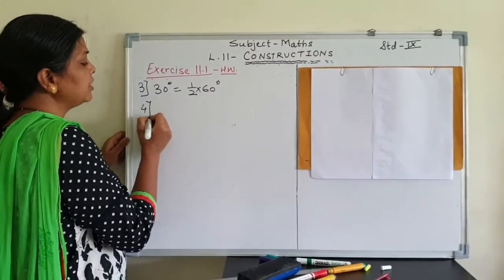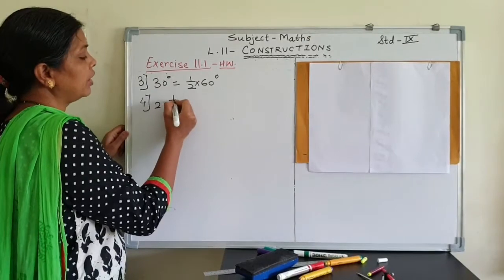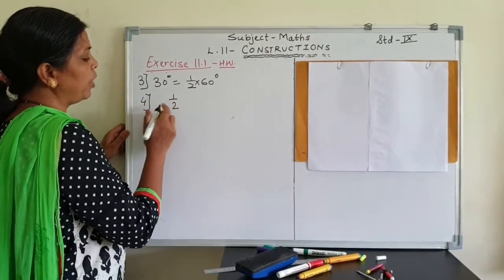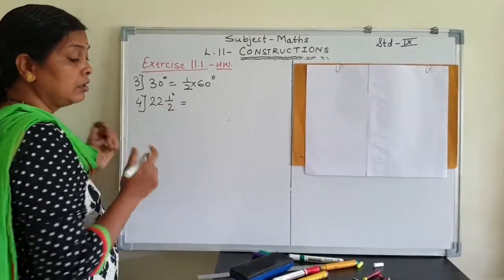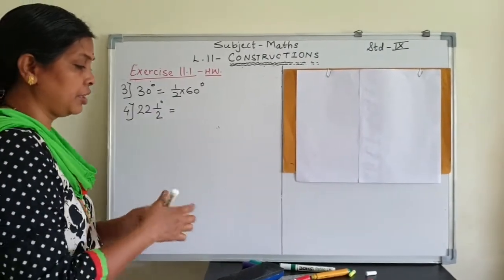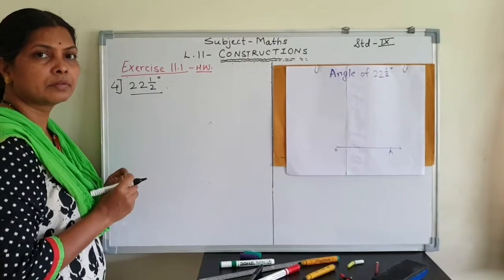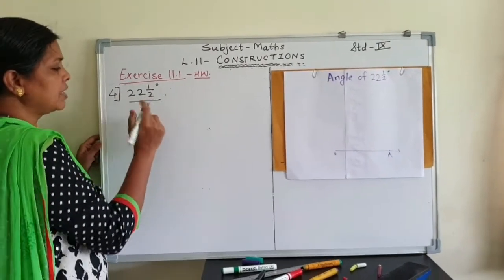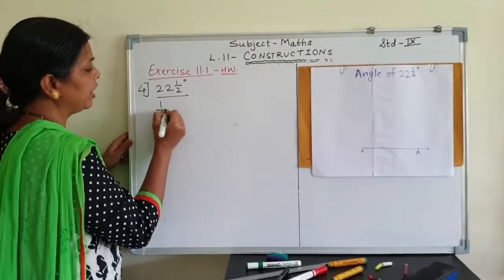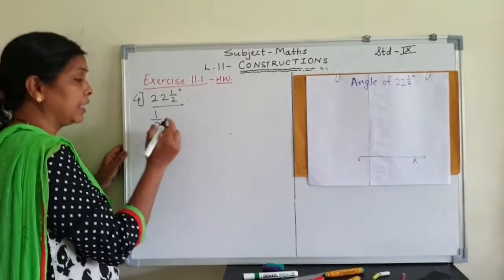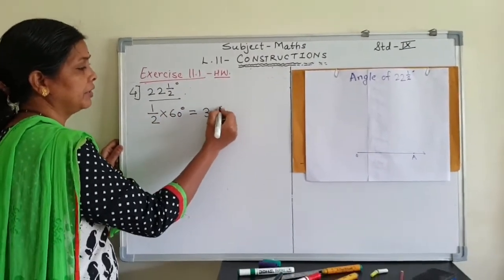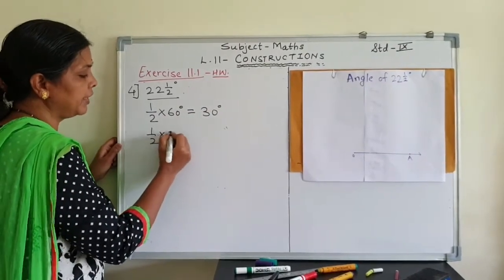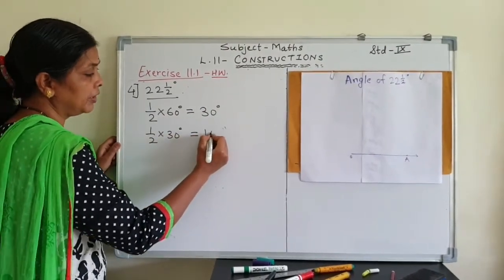Now fourth is draw or construct a 22.5 degree angle. So here I am showing you the construction in detail. Before we construct this, let's see how we can draw this 22.5 degree angle. So first of all, half of 60 degrees, what do we have? 30 degrees. Now half of 30 degrees is 15 degrees.